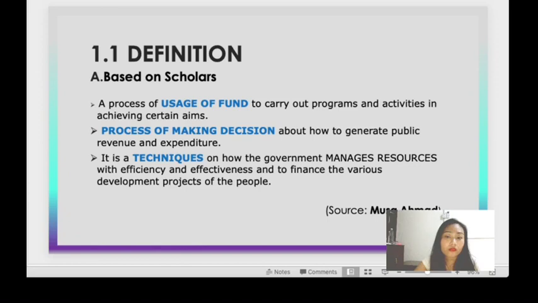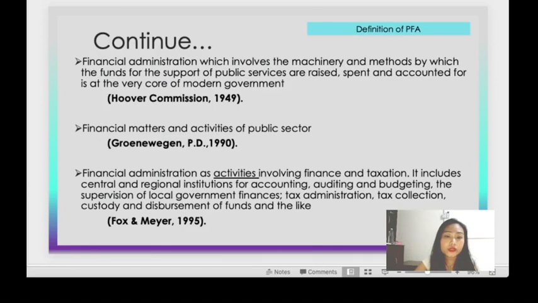Okay, next one, we are going to see the definition by Hoover Commission 1949. Financial administration, which involves the machinery and methods by which the funds for the support of public services are raised, spent, and accounted for, is at the very core of modern government.